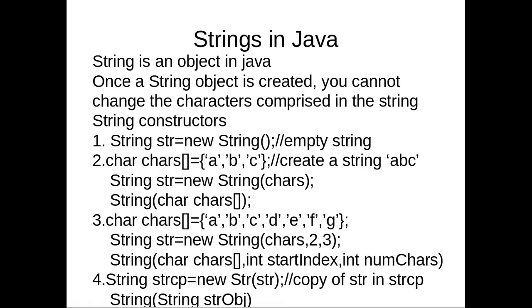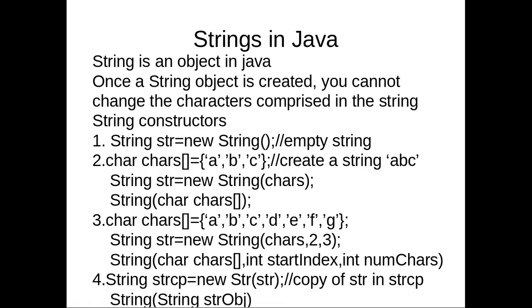That means you have passed an array of characters as a parameter to the string constructor, then it will create a string and the value is ABC.